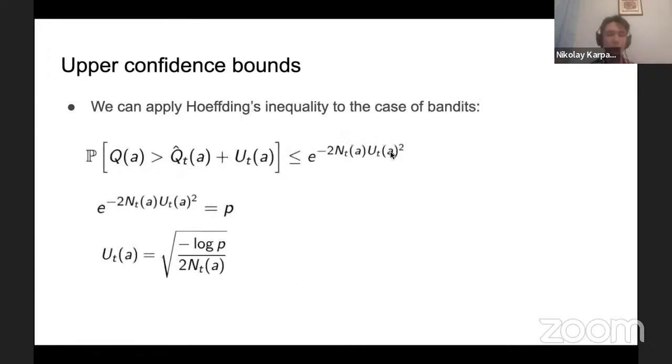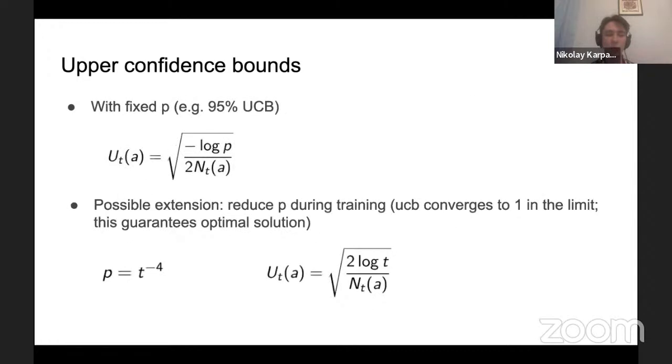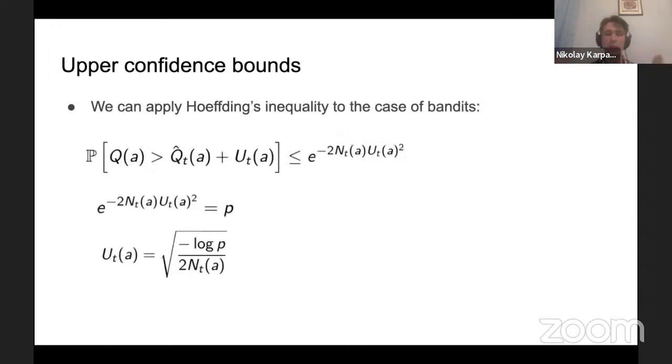So, not to be confusing in the math, the core idea of this Hoeffding's inequality and upper confidence bound is that we want to bound the expectation of the distribution using the sample mean and some other statistics.